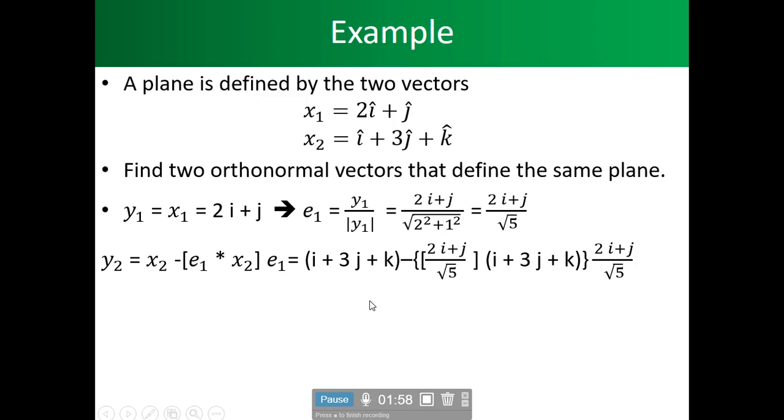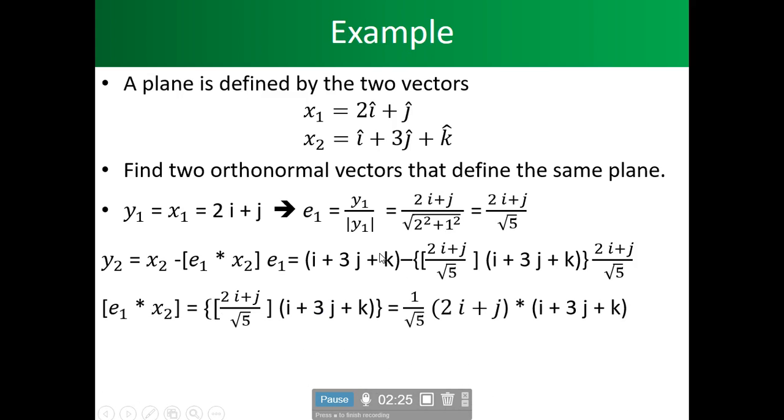So we have i plus 3j plus k minus this huge quantity: 2i plus j divided by the square root of 5 times i plus 3j plus k, then all of that multiplied by 2i plus j divided by the square root of 5 again. The first thing we want to do is what's in the brackets.